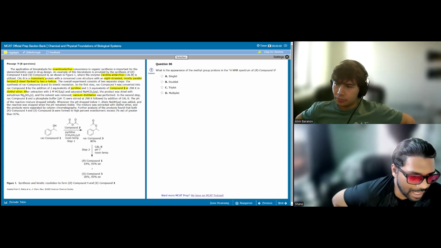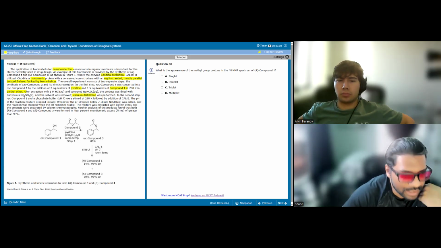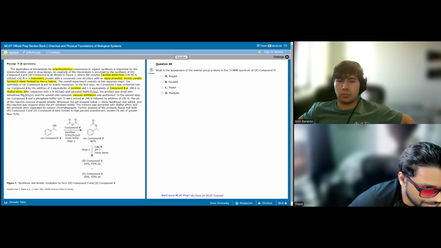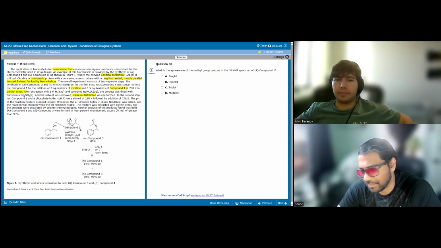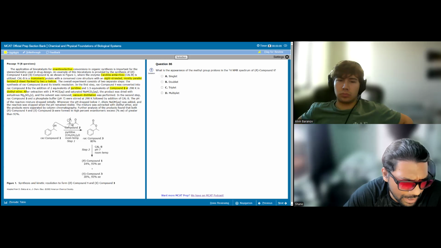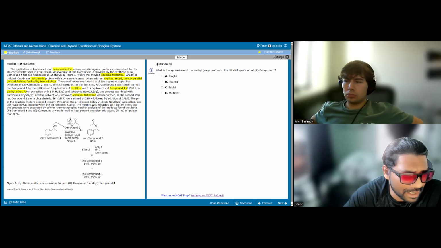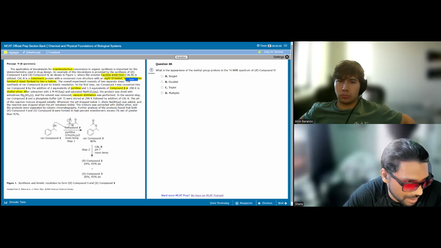We have that, and then we add this, which seems to do a nucleophilic attack, binds to it, and then breaks this off, right? Then we get this compound 3, and then we add Cal B, which is Candida antarctica.